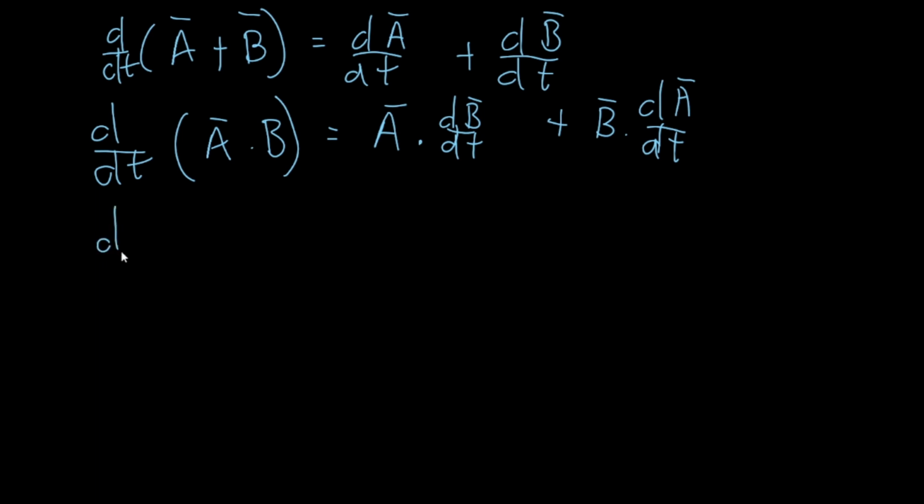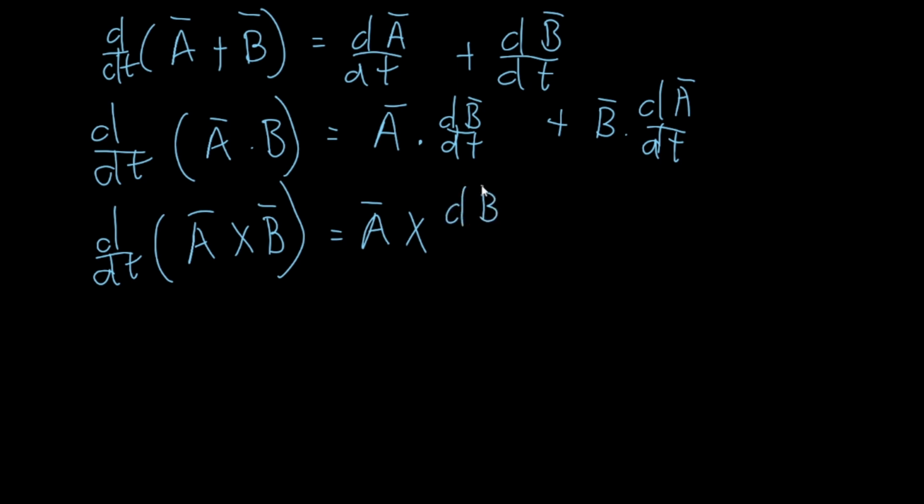And then if we wanted to find the derivative of the cross product of 2 vectors, then what we can do is take the first vector and compute the cross product with the derivative of the second vector, and we add this to the derivative of the first vector with the cross product of the second vector.